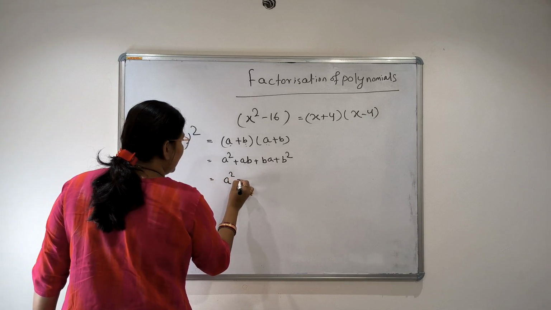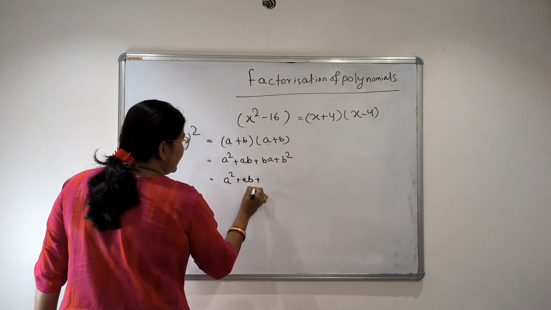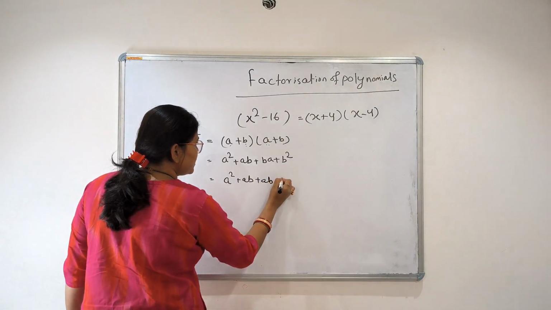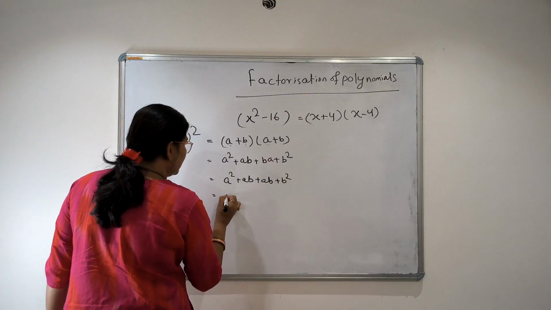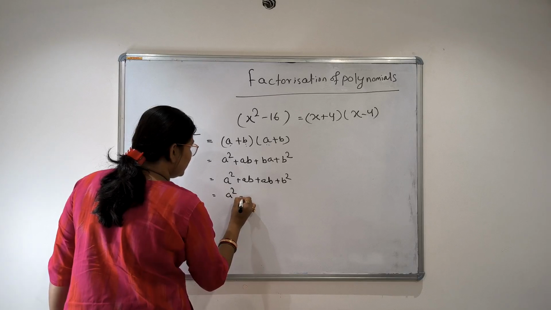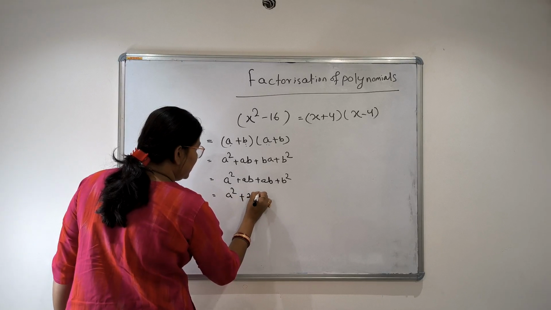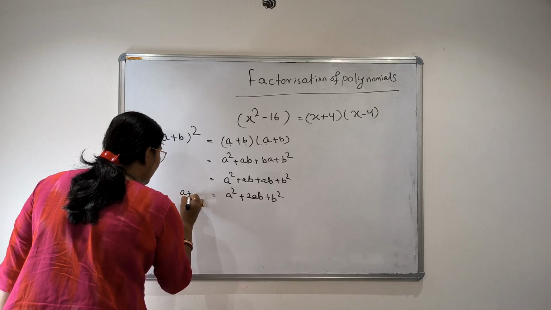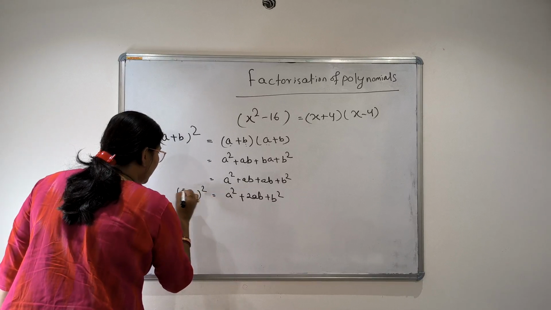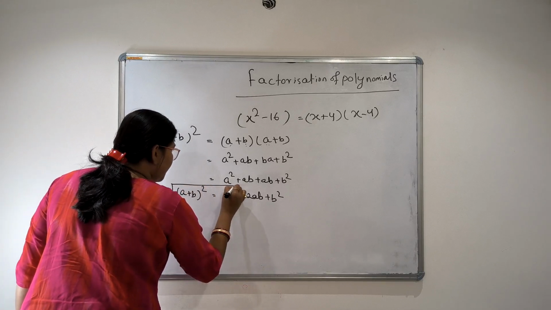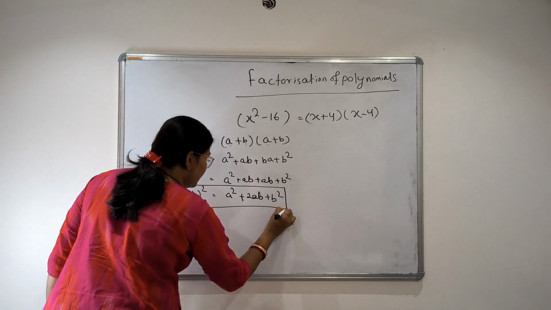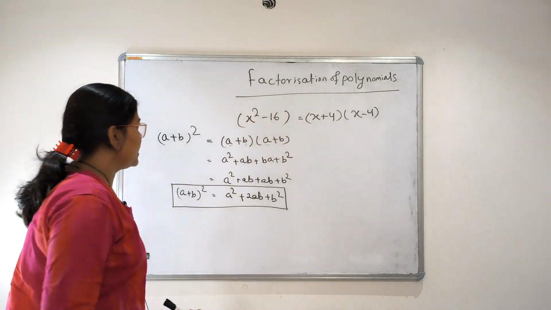So a square plus ab, I can write ba as ab, plus b square. This is equal to a square plus 2ab plus b square. So now the formula is a plus b whole square is equal to a square plus 2ab plus b square.